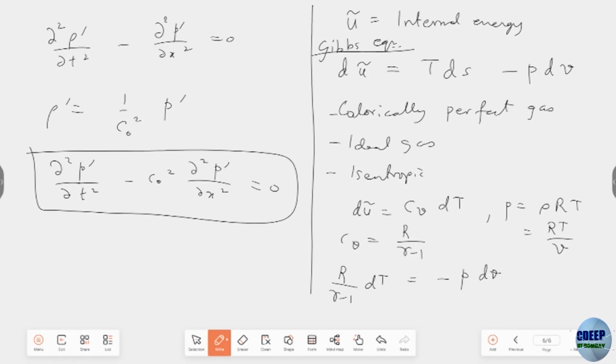This dT we can write in terms of the P and V. So dT is equal to P dV plus V dP by R.